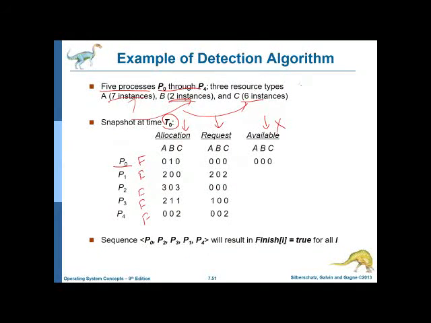So finish of I is equal to false, and then we have to see whether request of process number I is less than or equal to work. What is the current work value? 0, 0, 0. What is request of process number 0? 0, 0, 0. It does not require anything. So 0, 0, 0 is less than or equal to 0, 0, 0, which is true.